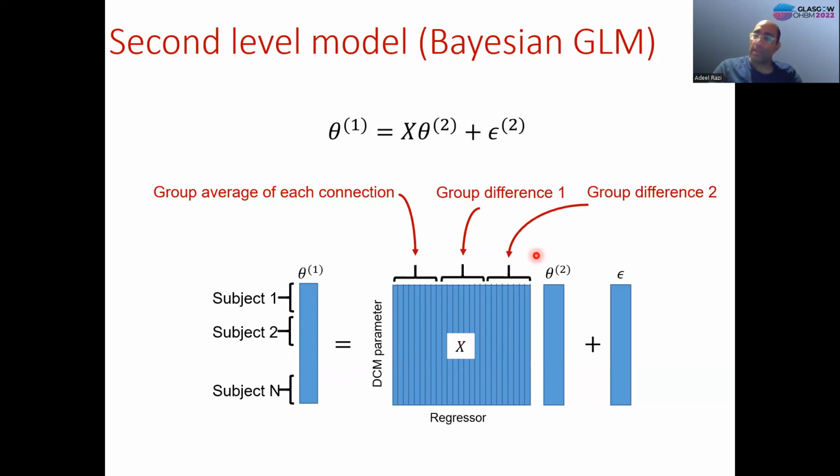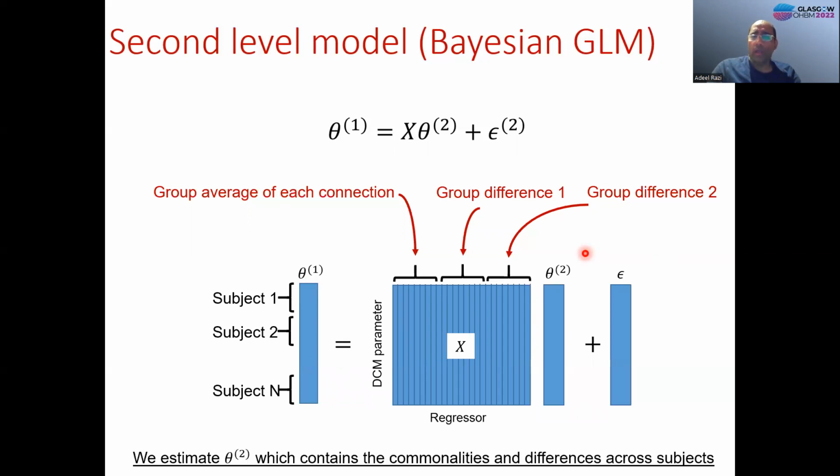Then you might also be interested in the differences between group 1 and group 3, so there could be further columns here, depending on the question that you have. So basically, what we're doing at the second level is to estimate these parameters theta, your group level effects that you are after.